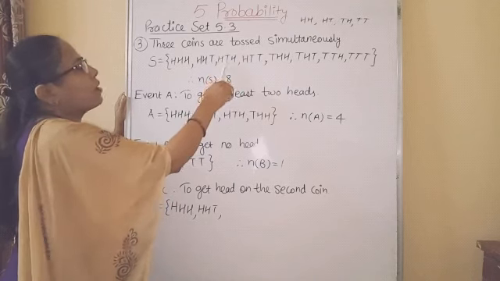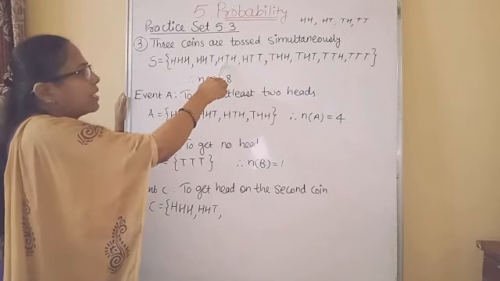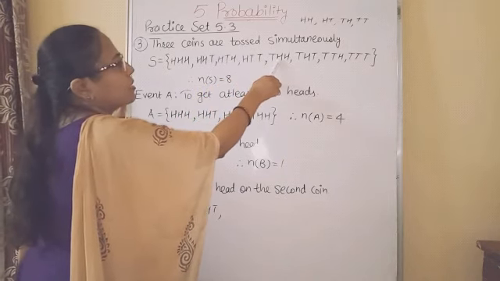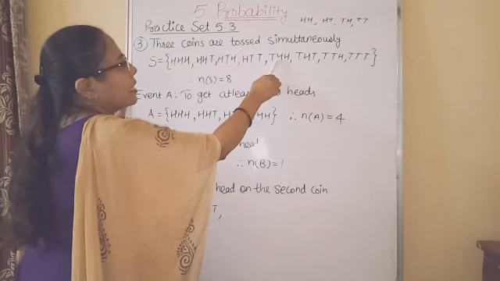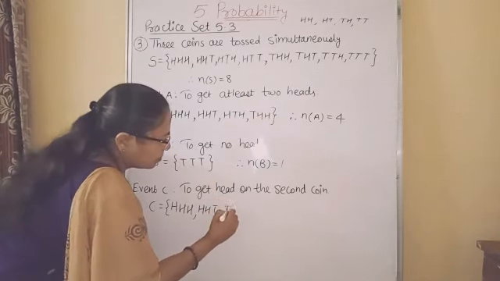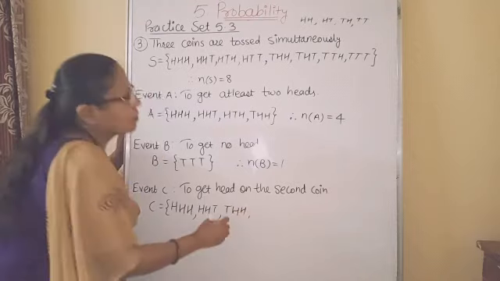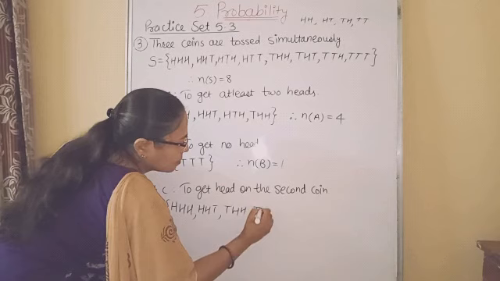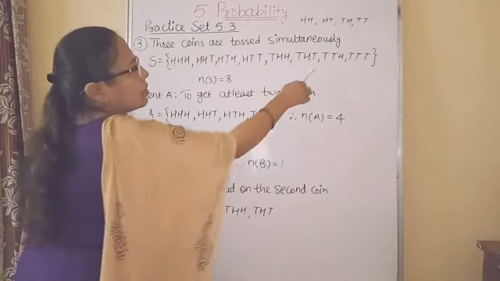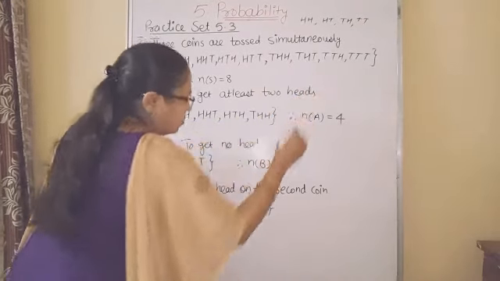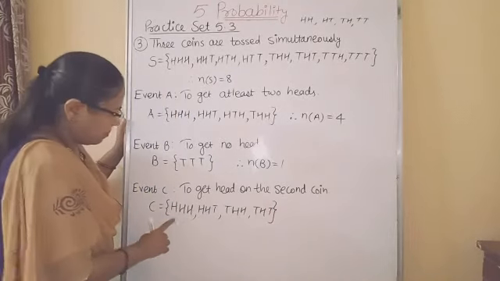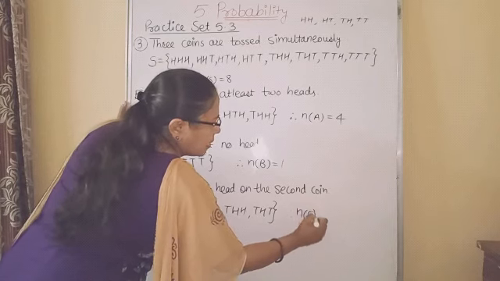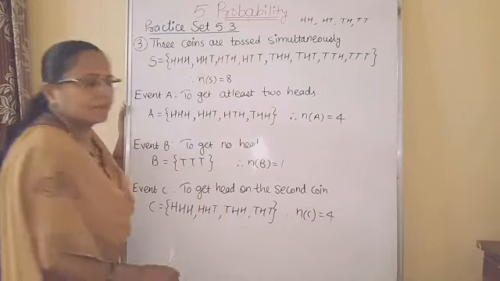HTH, here the second coin is tail, so we will not take this result. HTT also is not taken. Now we will take this because here the second coin head is there, THH. Then THT... TTH, TTT. Here the second coin head is not there, so this is the last result. 1, 2, 3, 4. Therefore, N of C is equal to 4.